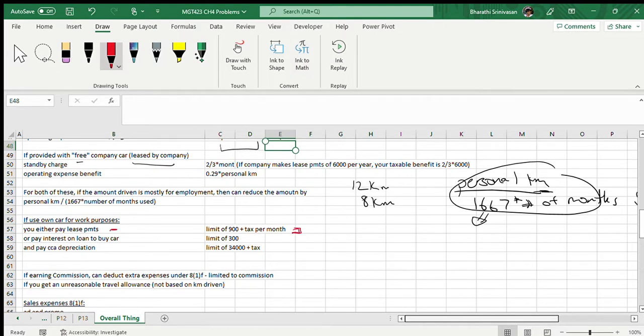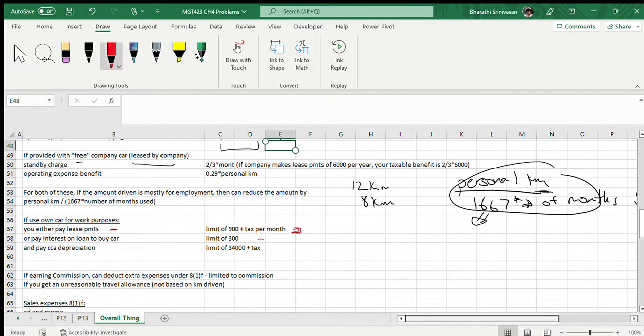So if my lease payment was $1,000 a month, and say I use it for 6 months in a year, from June to December, I can only deduct 900 plus tax times 6. Even though my actual expense is higher, you can't deduct too much.